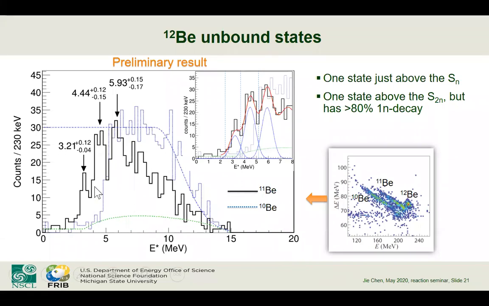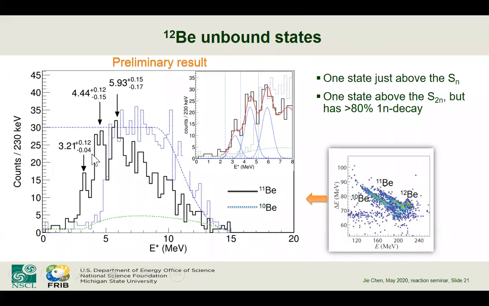And for these 2 states, they have a very small branching ratio to decay via emission of 2 neutrons, because there are barely any events corresponding to coincidence of beryllium-10. And one state here is just about the 1 neutron separation energy.